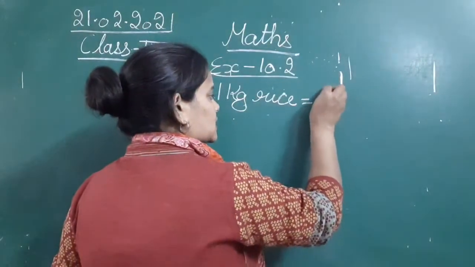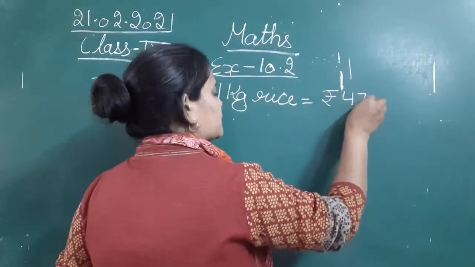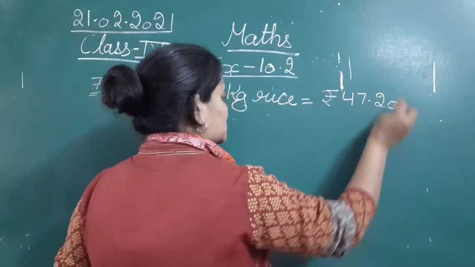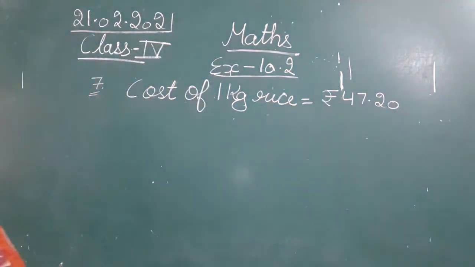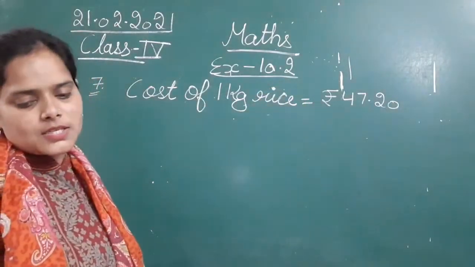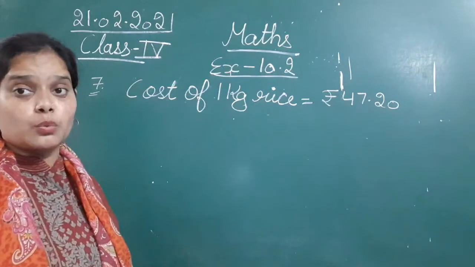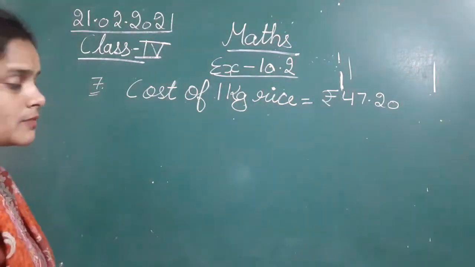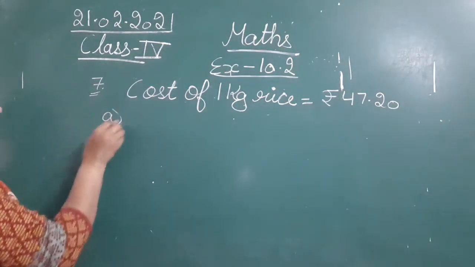So we need to take this as the base. Next we have to find the cost of different quantities of the same rice, starting with the A part.